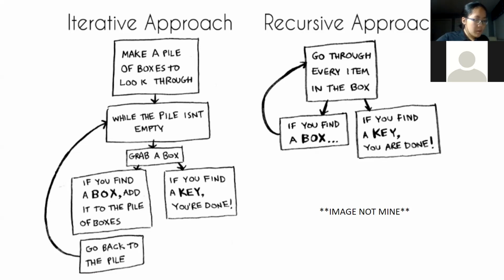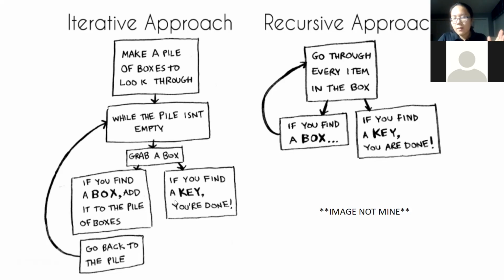But let's say we're saying make a pile of boxes to look through. Usually we would say, well, the box isn't empty. If we had a while loop, then we would grab a box and do something. If you find a box, then add it to the pile of boxes. That would be the conditional statements, right?